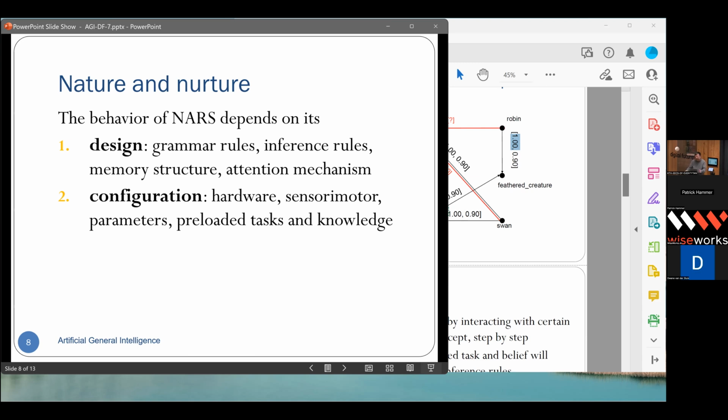What else? Parameters. This is also interesting. We haven't spent too much time on it, but in many places within the NARS design, there's some value or some design decision which has no optimum choice. To take something relatively easy to understand, memory usage.